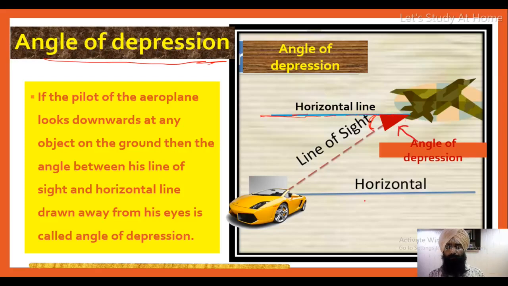We know all the horizontal lines are always parallel to the earth. The angle between that line starting from his eyes and the line of sight is called angle of depression. Am I clear? This is your angle of depression.